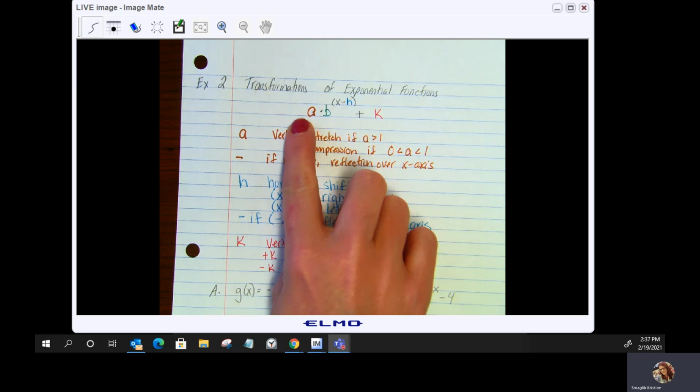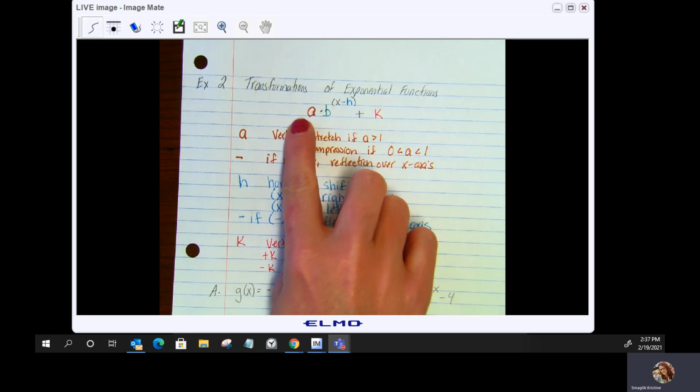So on A, now remember your b value is what that exponent is attached to. So your b value is 3. That means your a value is -1. Your b is 3.